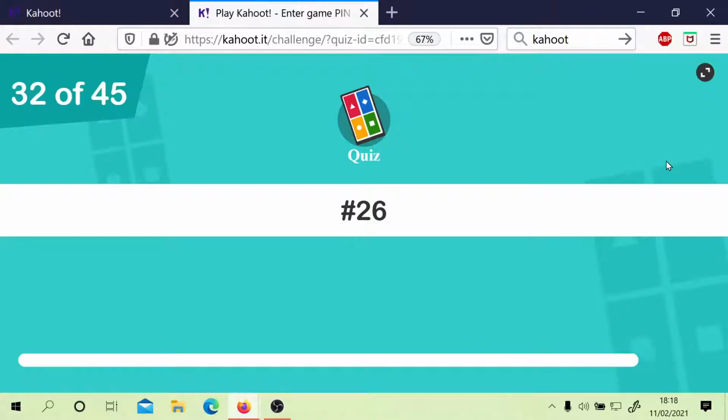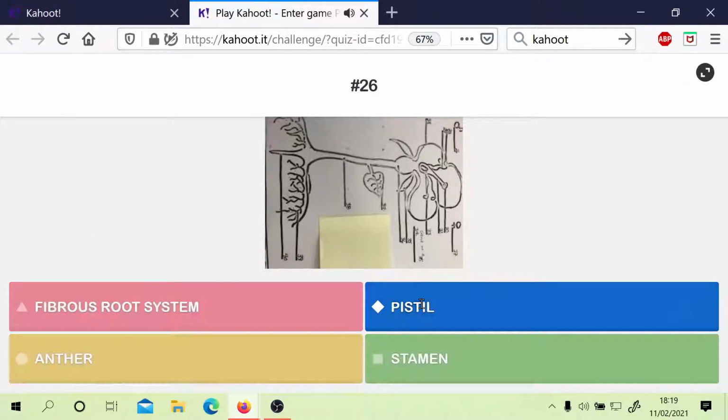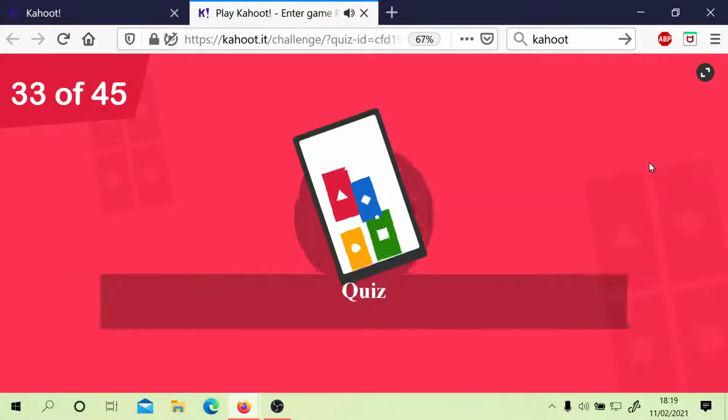This question, number 26. Can't actually see the numbers. I don't know. That's something I wouldn't have been able to get anyway.